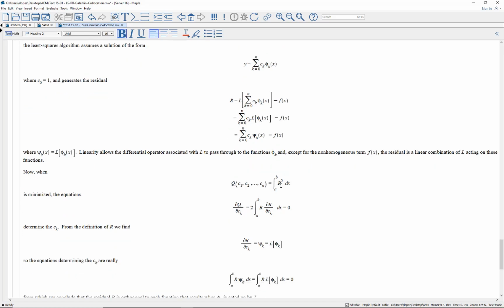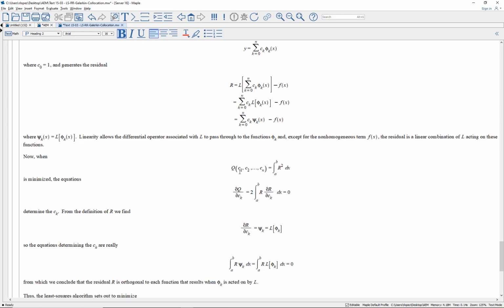When we square the residual and integrate, we get a function of the constants, and we saw what it looked like for this particular example. We want to minimize that expression, so we differentiate with respect to the constants, and you can see here what's going to happen. Differentiating r squared, you're going to get 2r dr dck. Now what is dr dck? Dr dck is psi k.